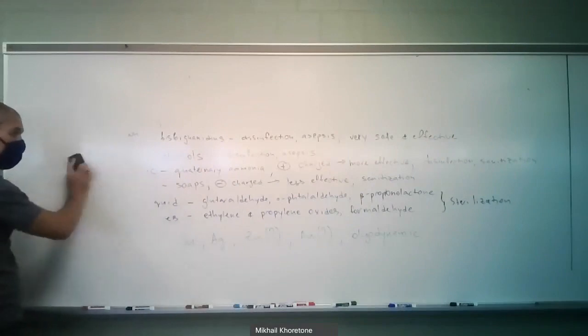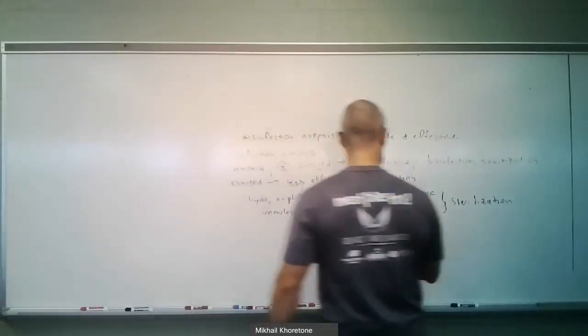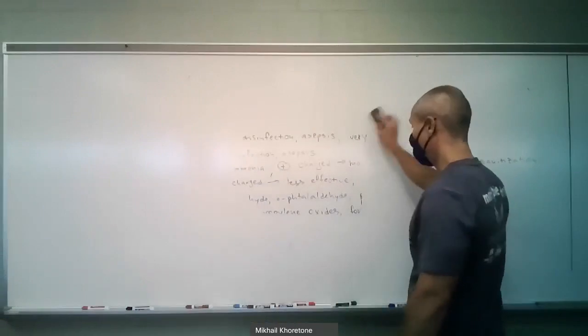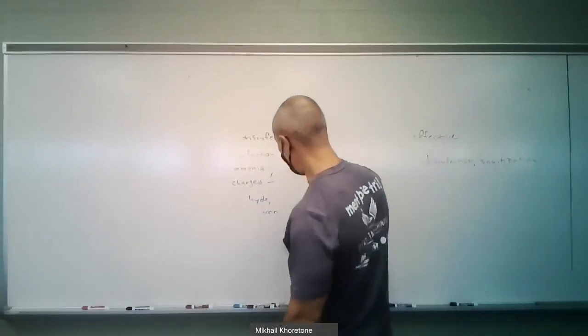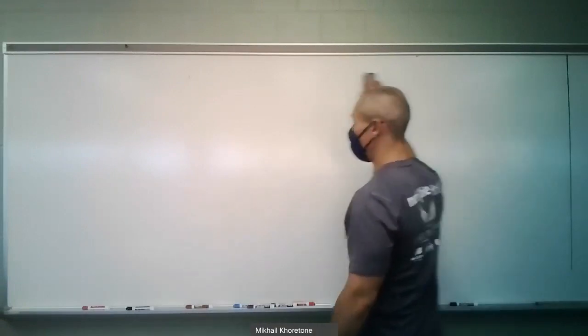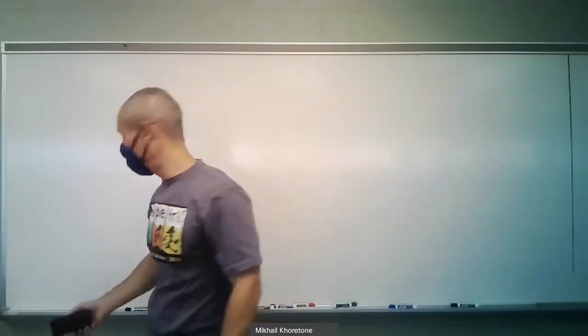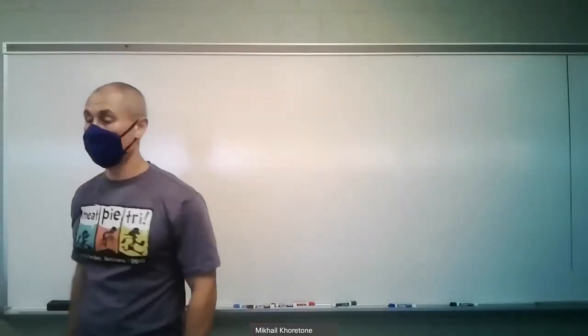So we can't use autoclave, or obviously we can't use incineration. So we have to use either radiation or chemicals. Can we use gamma? Yes. Can we use ethylene oxide? Sure, no problem. Does that make sense?